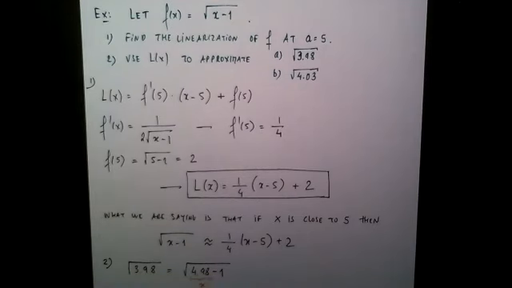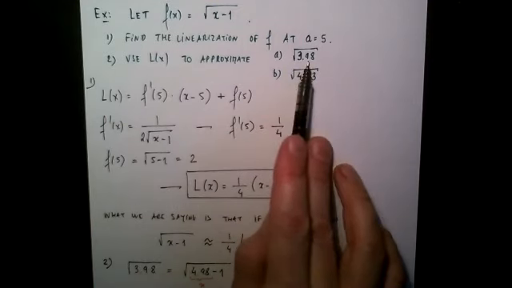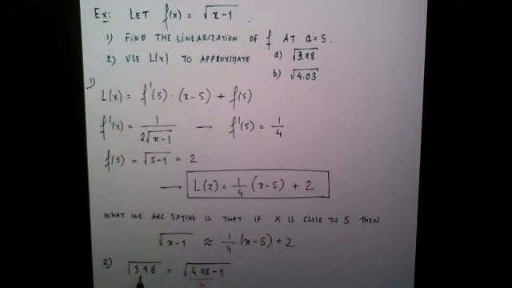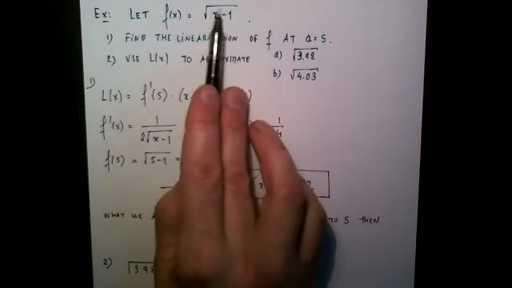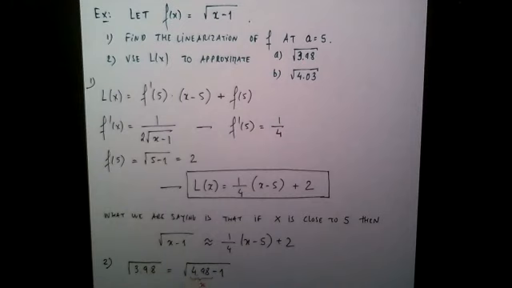Where'd you get the 4.98 from? Because I'm looking for the square root of 3.98. So 3.98 must be equal to x minus 1, so the x has to be 4.98, so that I get 3.98 inside the root. Oh, okay.